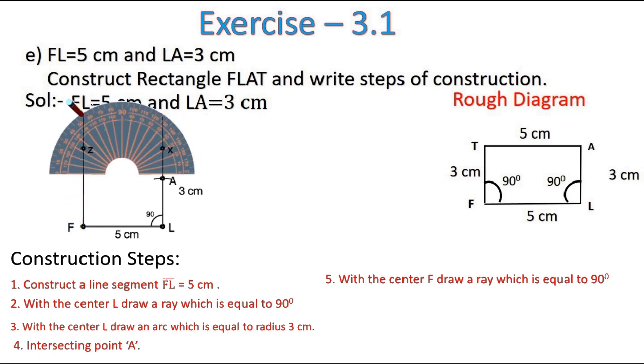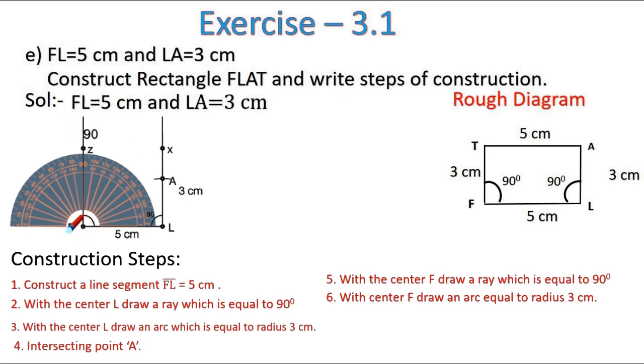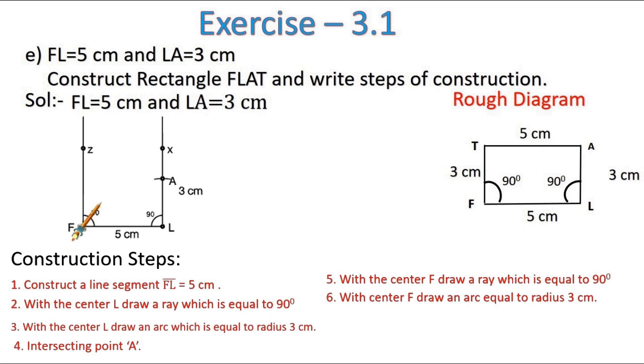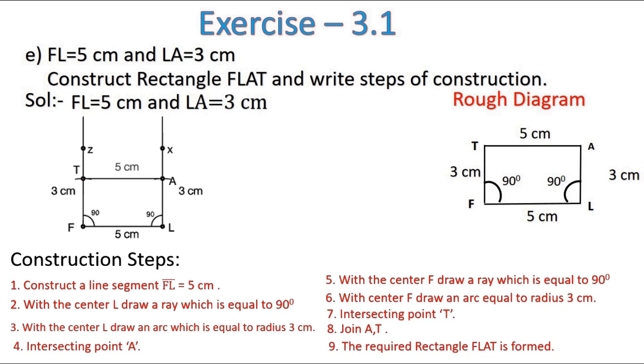With the center F, draw an arc of radius 3 centimeters, intersecting at point T. Join AT. The required rectangle FLAT is formed.